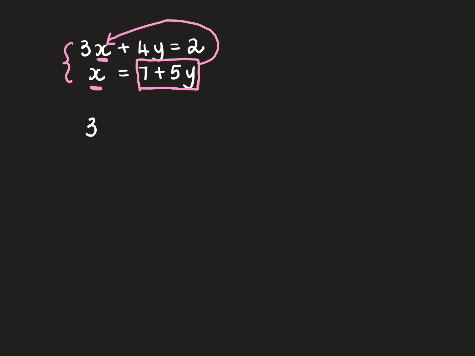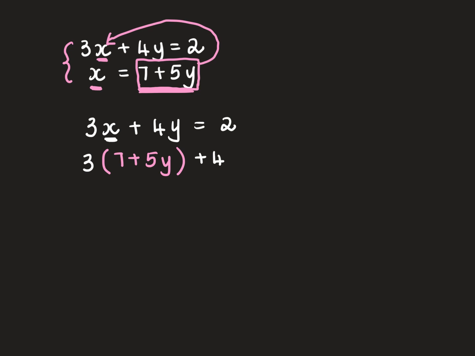Well, the first equation says 3x plus 4y is equal to 2. Instead of this x here, I'm going to write this value here, 7 plus 5y. So I'm going to go 3 lots of, and I use brackets, 7 plus 5y, then continue, plus 4y is equal to 2.